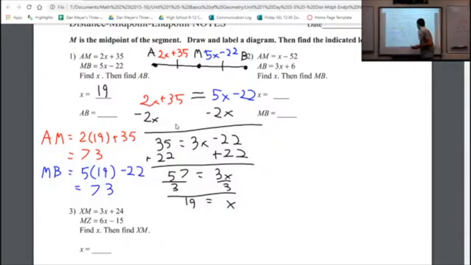Now, we know this is 73, and this is 73. And so then we can go on to say, that means that A to B has got to be 73 and 73. The entire distance from A to B has got to be the two pieces put together. That's what we talked about all this week. So that's going to be 146.